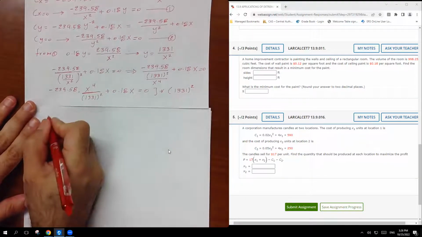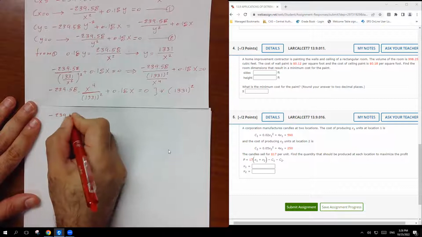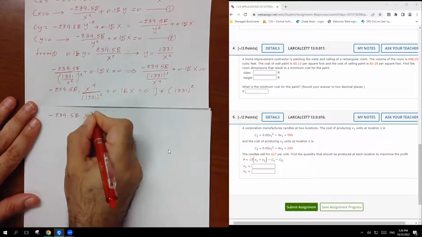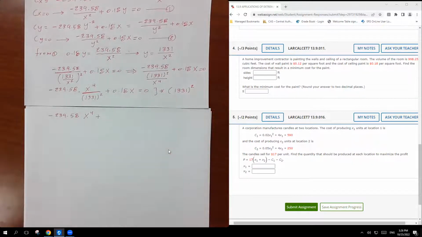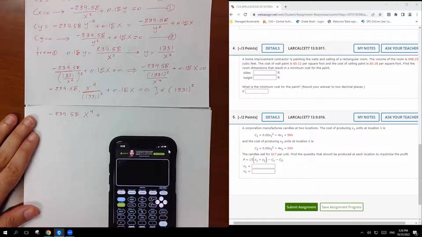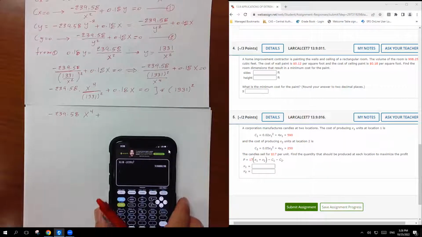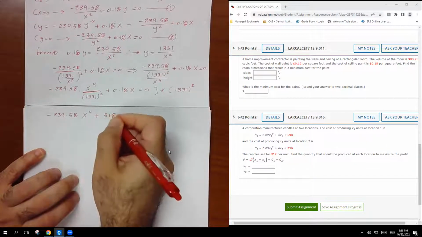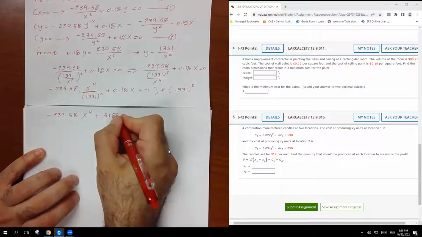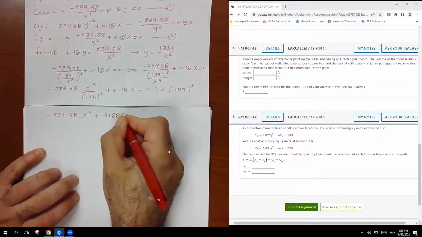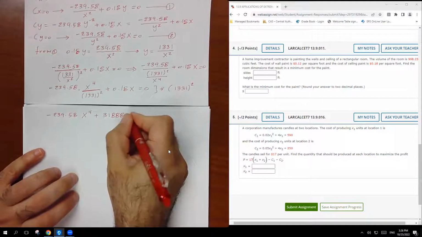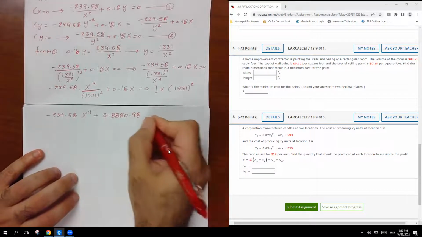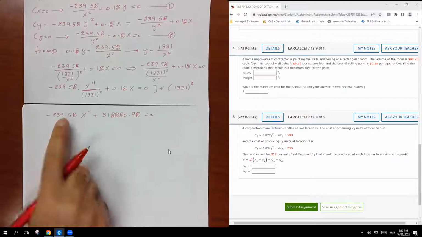That means it's going to be negative 239.58 x to the power 4 plus, I'm going to multiply 0.18 by 0.18 times 1331 squared, and it's going to be this big number, 3,188,0.98, equal to 0.